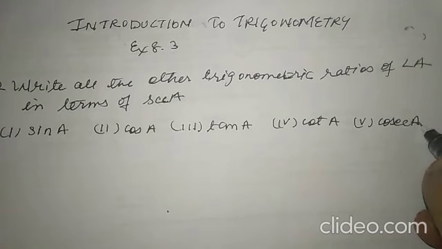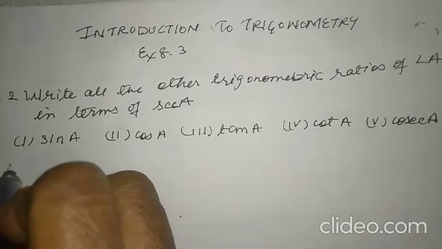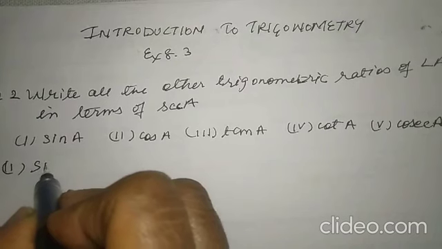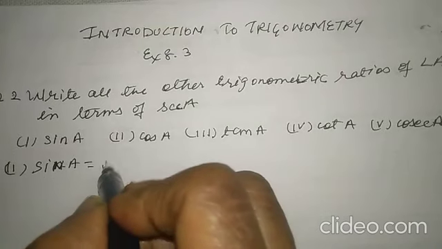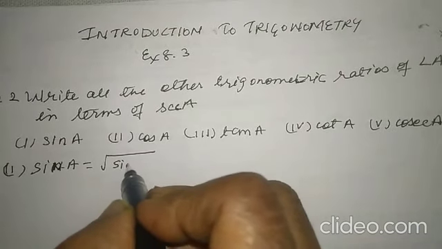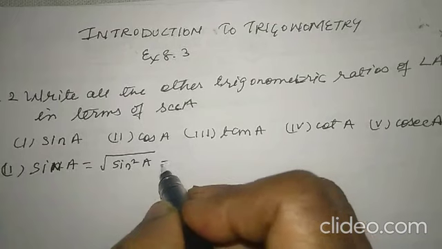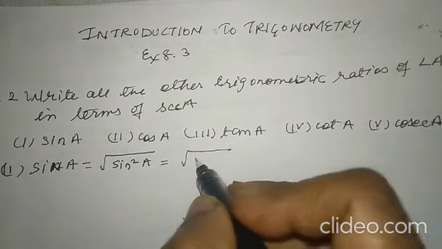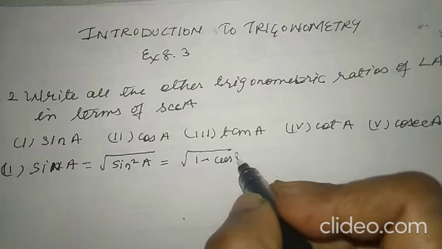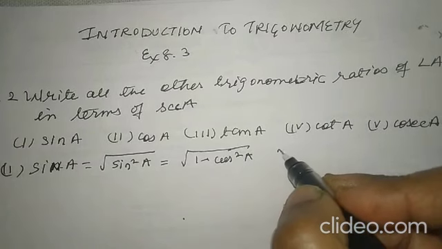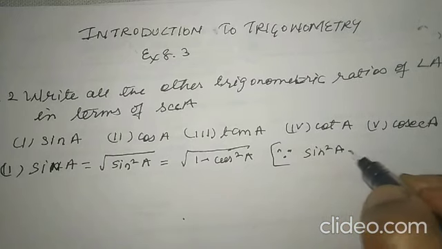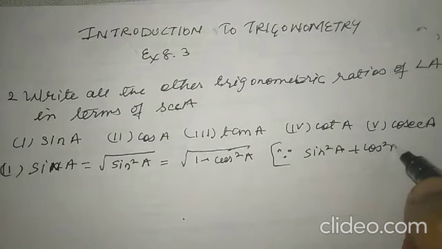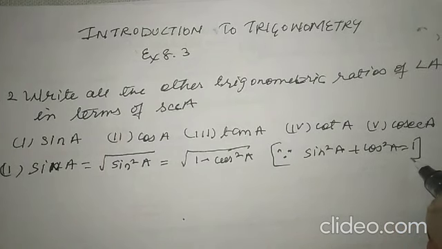Okay, now let us start with sin A here. So sin A can be written as square root of sin square A, or we can write it as root of 1 minus cos square A. Why have we written this? Because sin square A plus cos square A is equal to 1 is our identity.